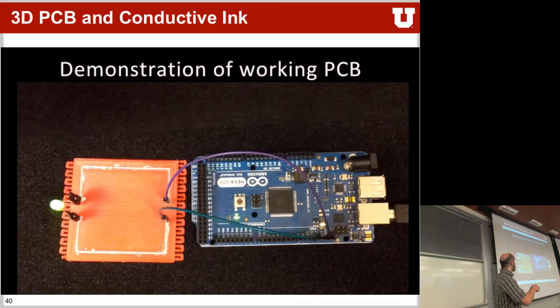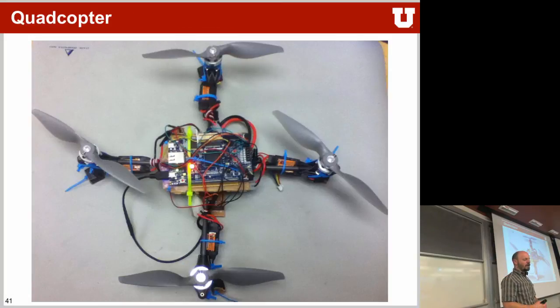They got so far as to print actual circuits onto 3D-made substrates with ink that they developed themselves that actually worked. So the video here actually shows that this LED here blinks, and this is a silver ink that they used for conductivity.